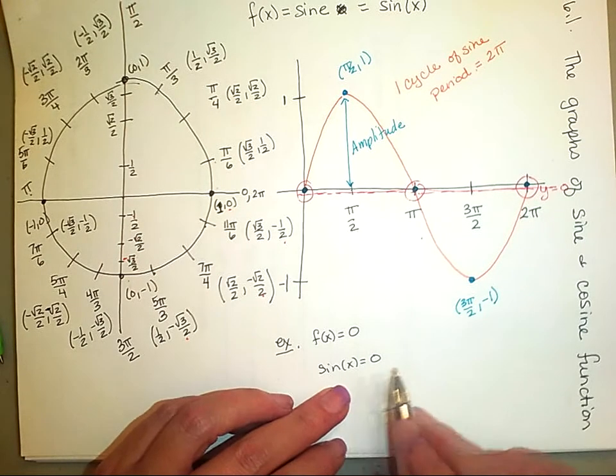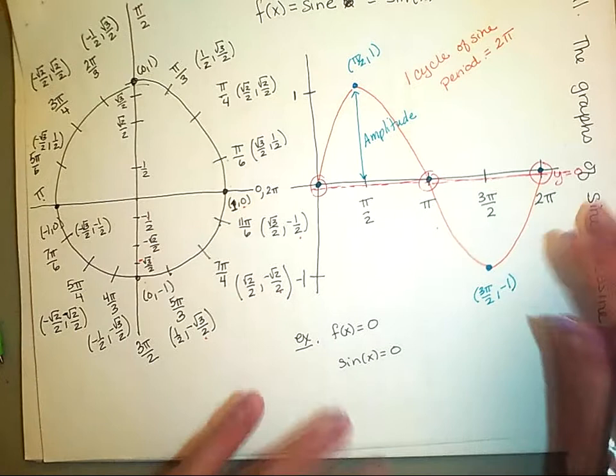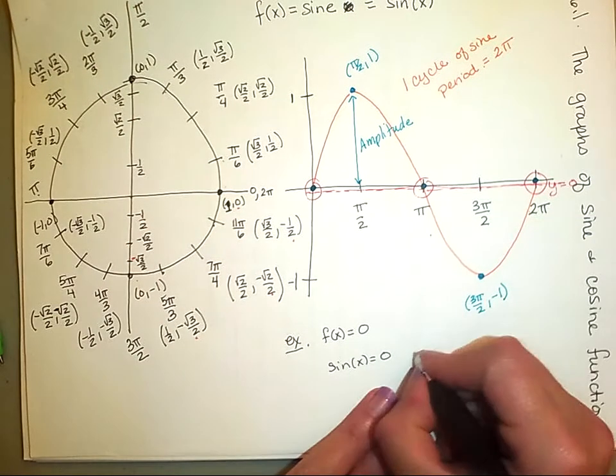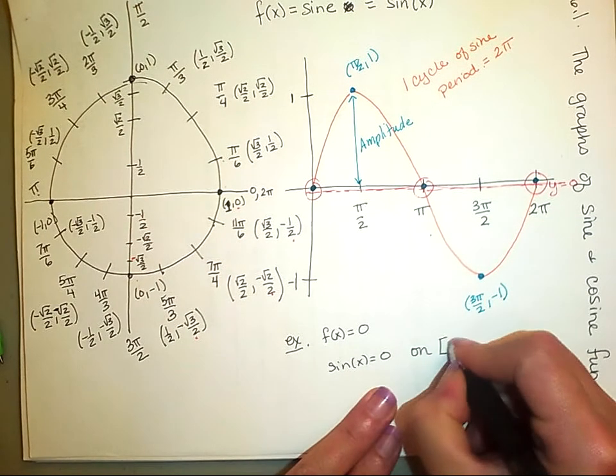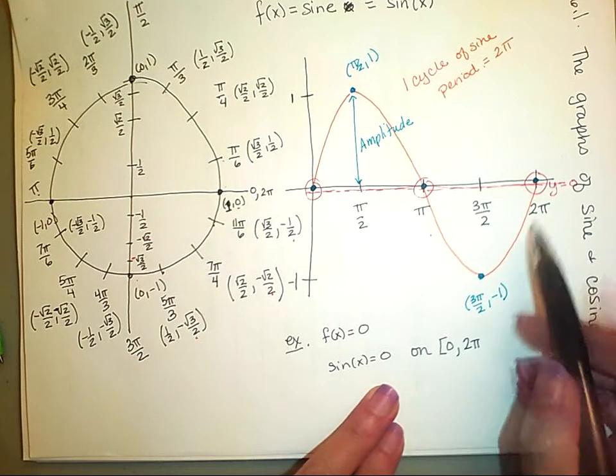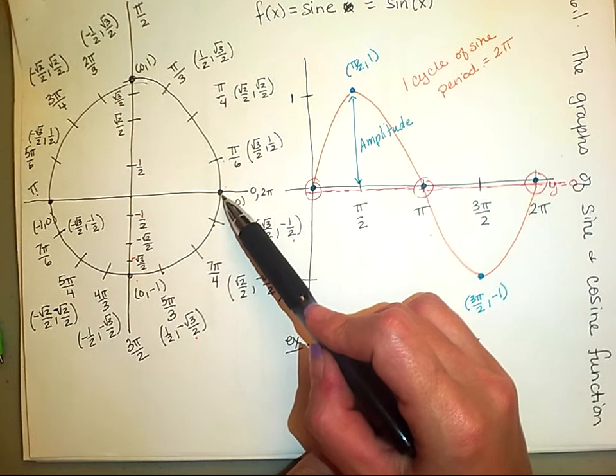Now notice, I've only solved this on 0 to 2 pi, because this graph goes on infinitely in both directions. 0 and 2 pi are coterminal.